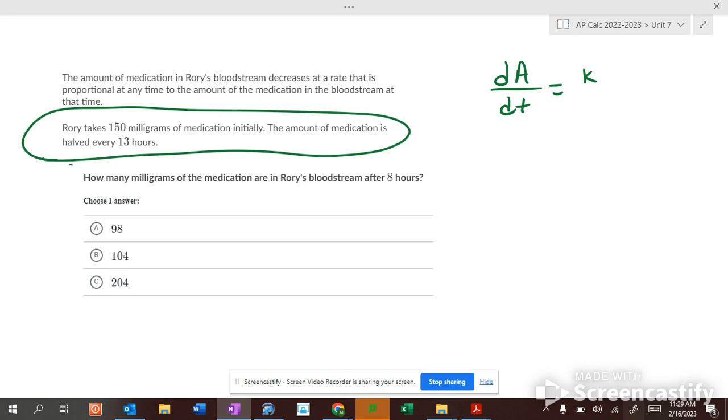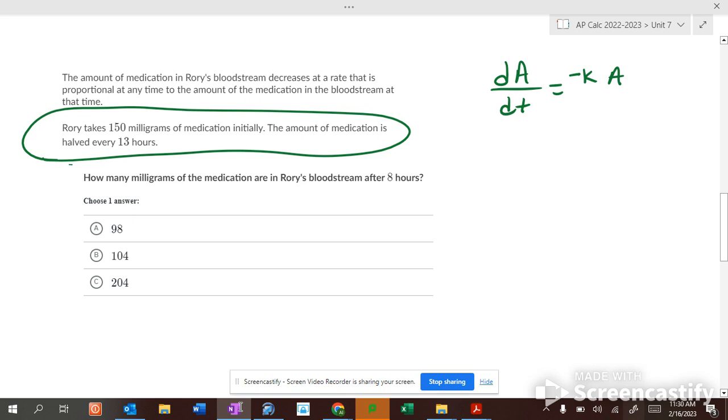Oh, Mr. Bierschbach just had a brain malfunction here. I think it is something like this, but it decreases at a rate proportional, so it's negative.